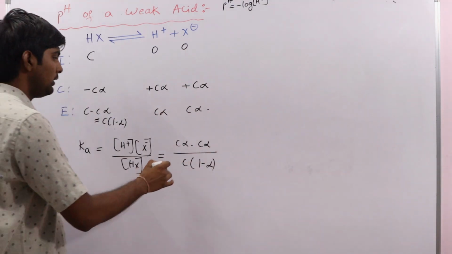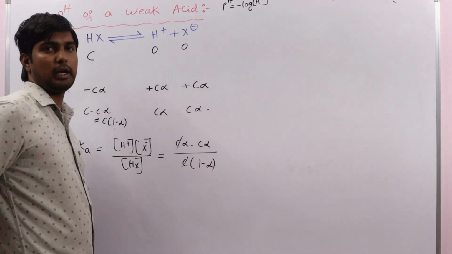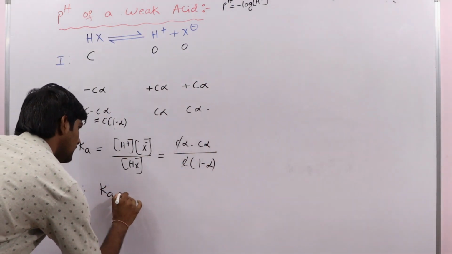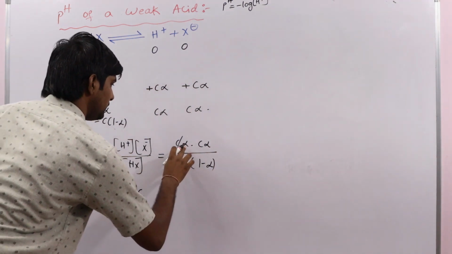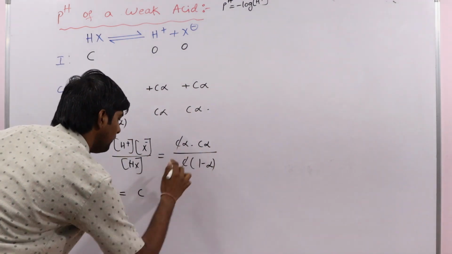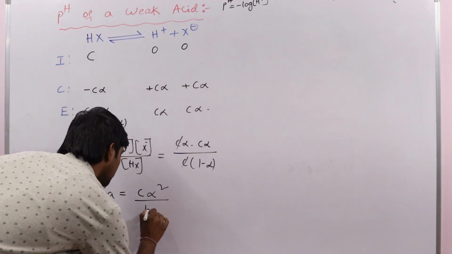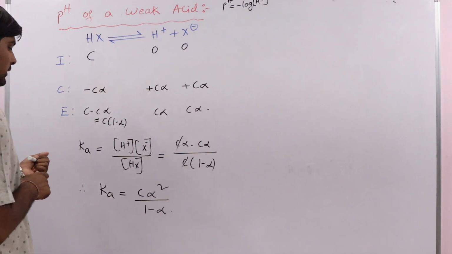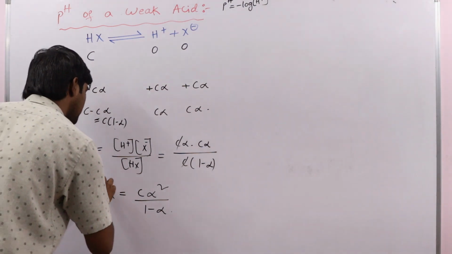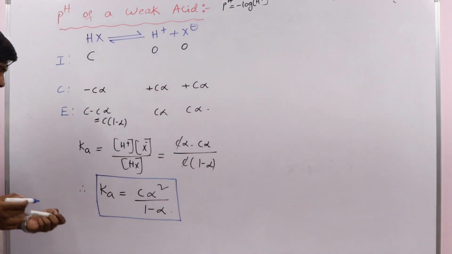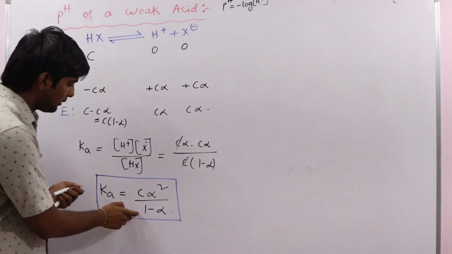Here C and C get cancelled. So finally we have Ka is equal to C alpha into alpha, alpha square, that is C alpha square by 1 minus alpha. Ka equal to C alpha square by 1 minus alpha.